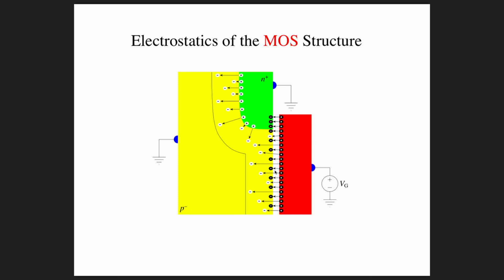And so we could talk about the level of inversion, and it's compared to basically the original density of holes in the region here. So you can parse it out in terms of the mobile charges in the channel per unit area relative to the number of ionized acceptors per unit area underneath the gate.